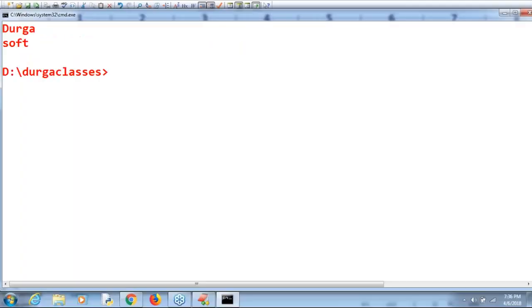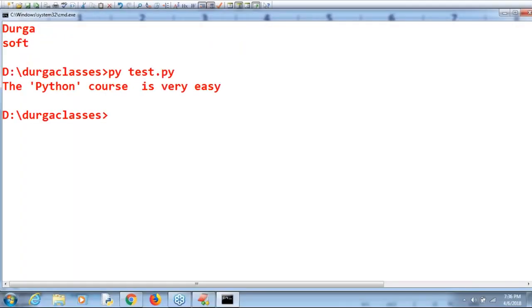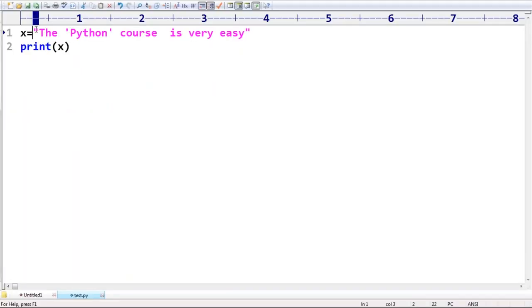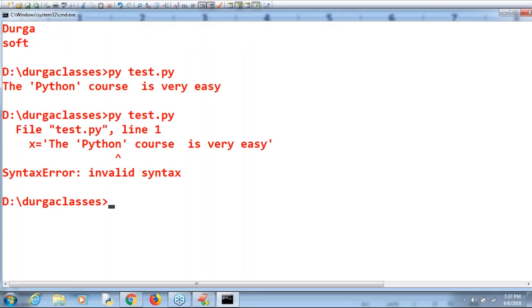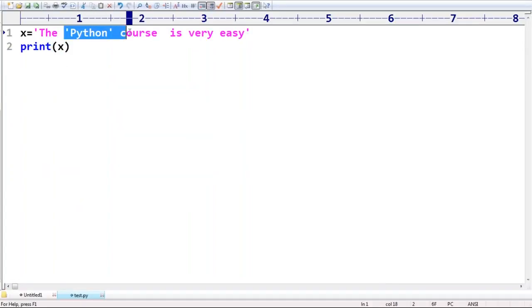Print of x, valid. Are you seeing the quote symbol, right? By mistake, instead of double quotes, if I take a single quote, have you observed here single quote closed, here single quote closed, then this one will become alone, then maybe a chance of problem. If you want to use a single quote as a symbol, then compulsorily we should enclose within double quotes.